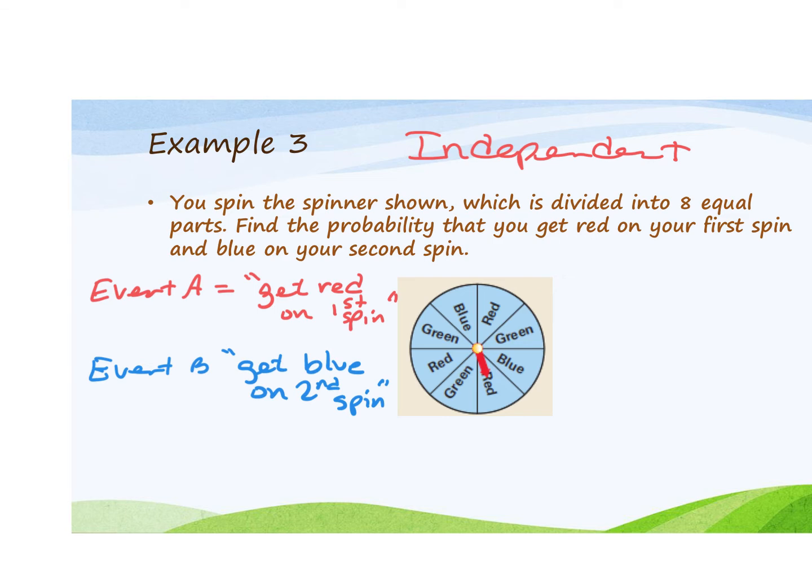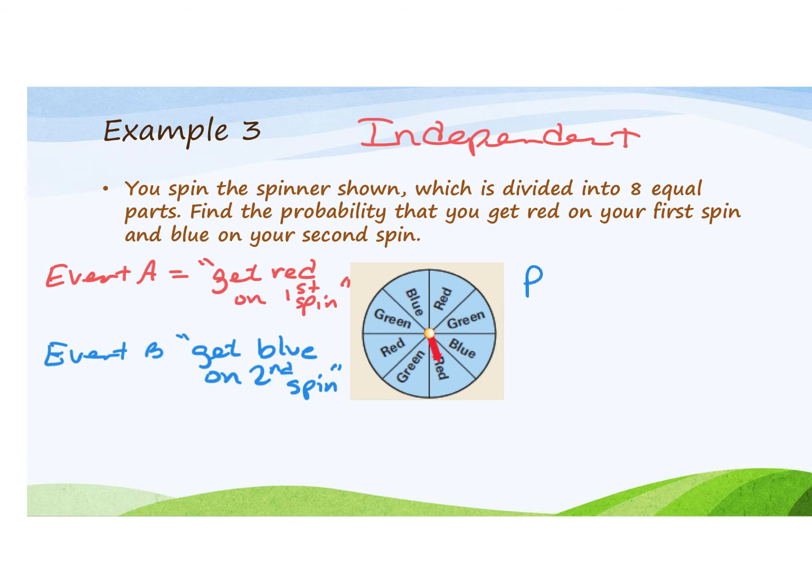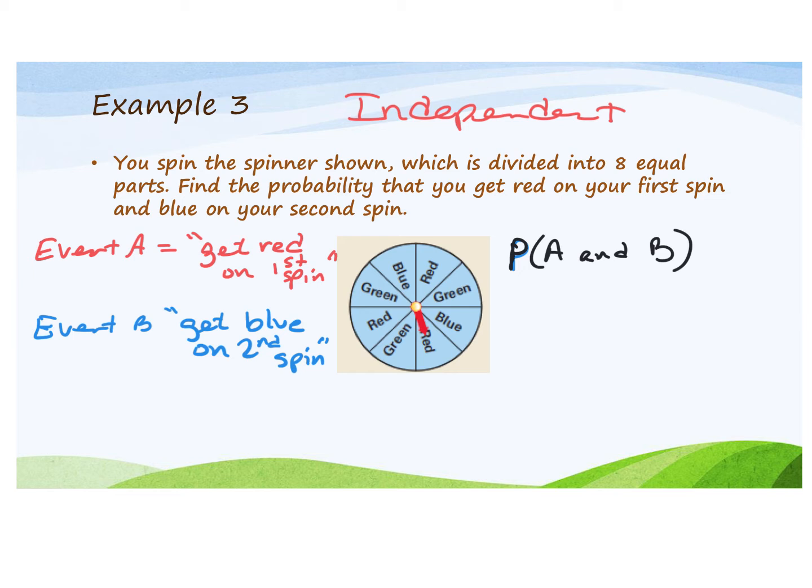So because these are two independent events, to calculate the probability of both A and B occurring, I'm going to take the simple probability of A, and I'm going to multiply that to the probability of event B.